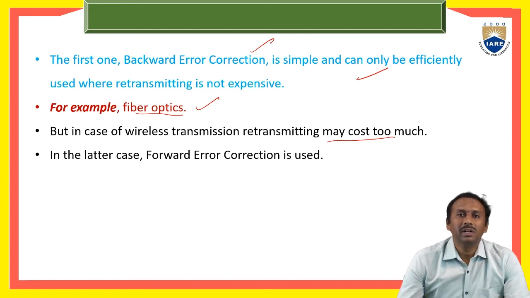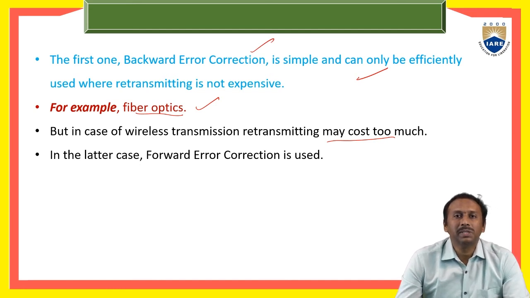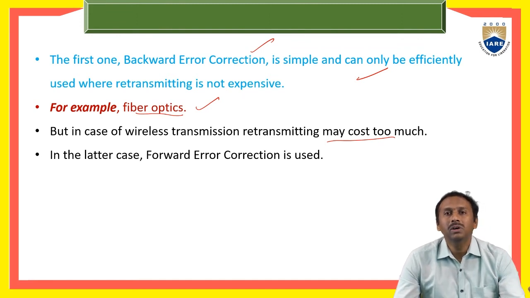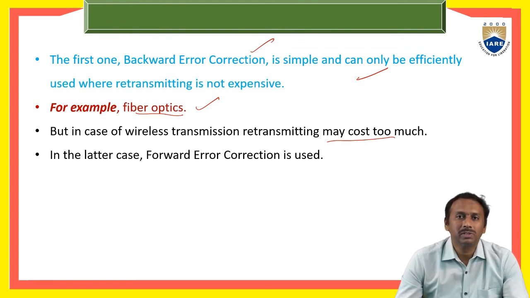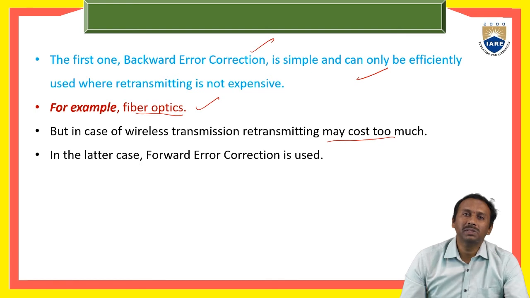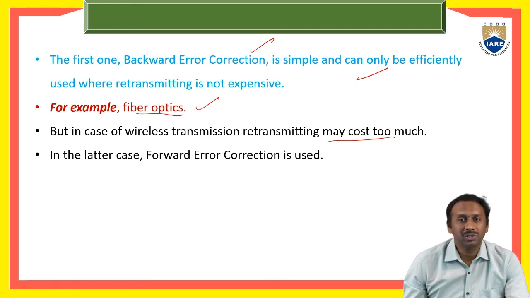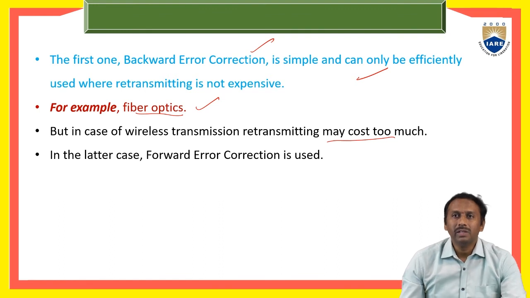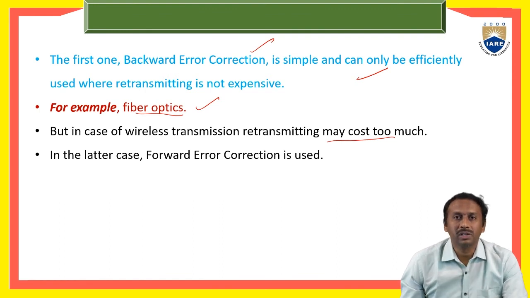If it is within a LAN, with less expensive applications, obviously the medium is also the cheaper one, so in such cases we can prefer backward error correction. But when it is expensive, backward error correction is not suggestible. In the latter case, forward error correction can be used.